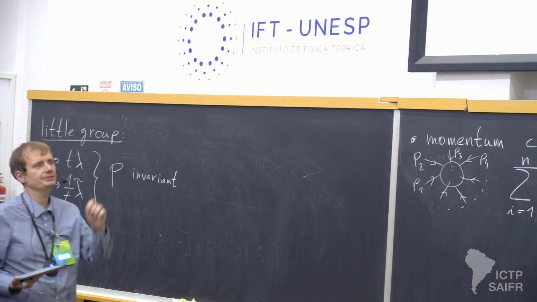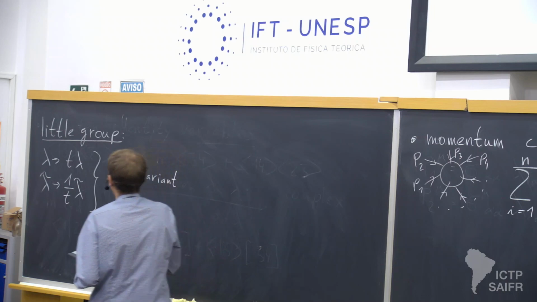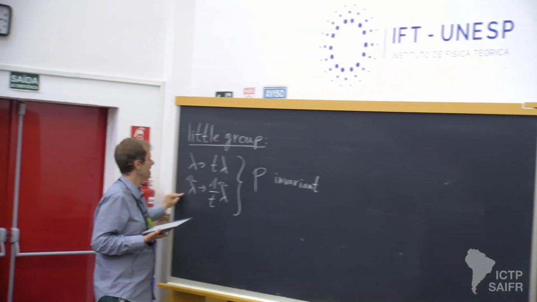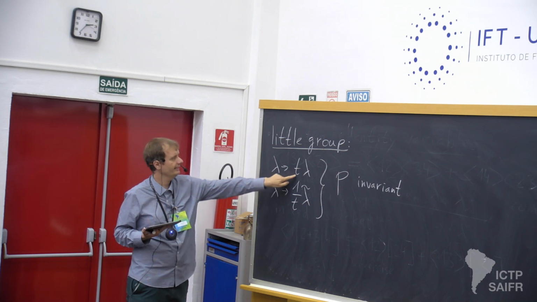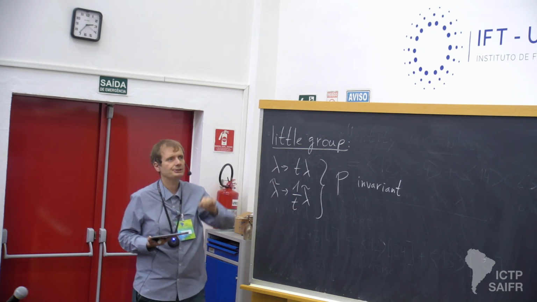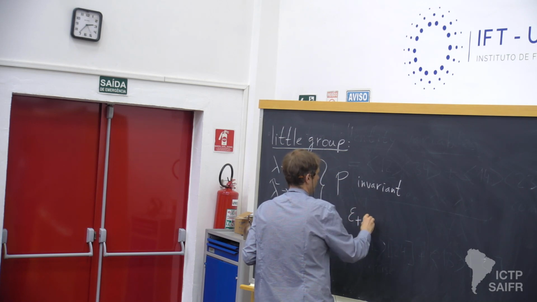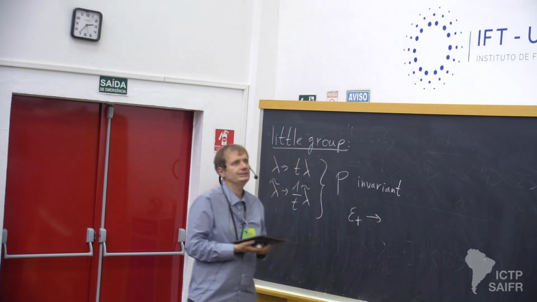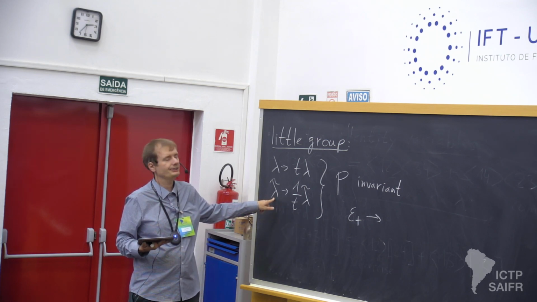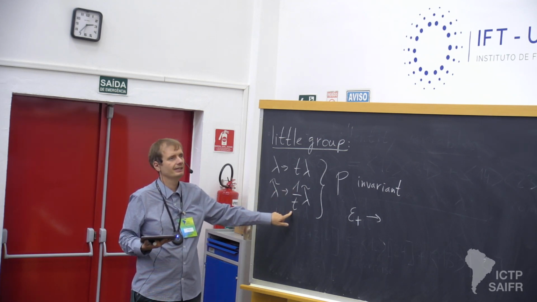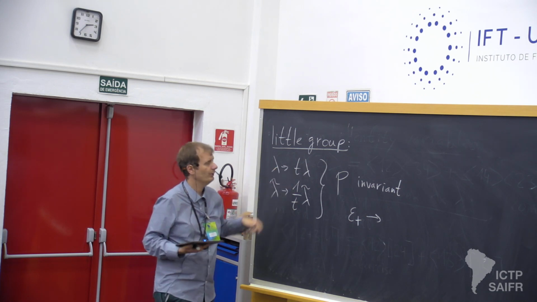However, the polarization vectors are not invariant. If we scale for particle I lambda like that and lambda tilde like that, it will change. So epsilon plus has lambda tilde in the numerator, so it will be 1 over t, and lambda in the denominator, so again 1 over t.